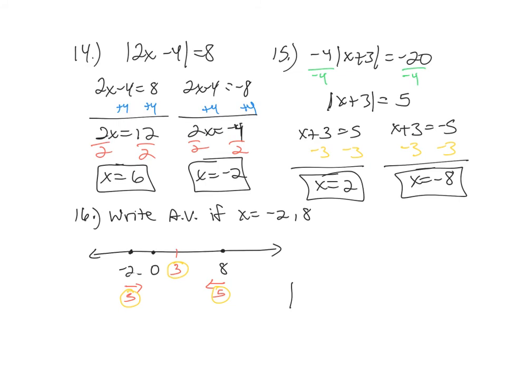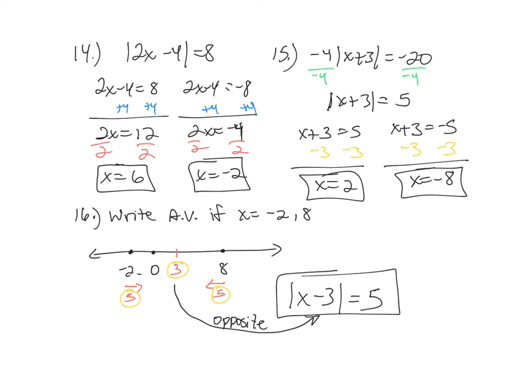So the equation I can do is the absolute value of x minus 3. Okay, we do the opposite of whatever that number is. So if the middle in a problem was -2, you would put +2 inside the parentheses. Okay, and then because I went 5 in either direction, it's 5 right there.